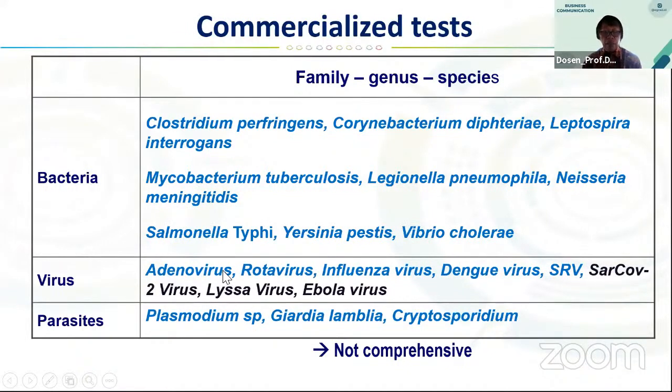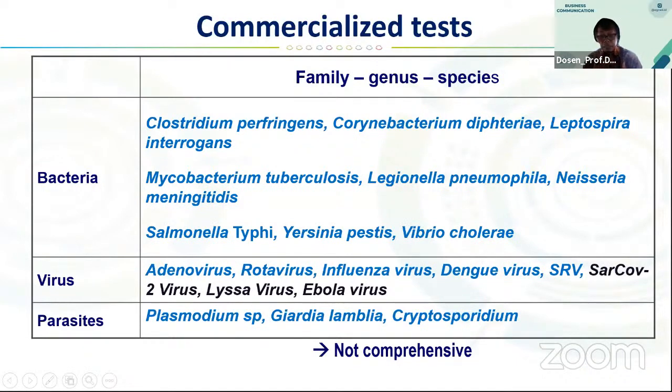For viruses, we now have a lot of RDTs for adenovirus, rotavirus, influenza virus, dengue virus, SARS-CoV-2 virus, Lassa virus, and Ebola virus. And for parasites, many are already easy to detect using rapid diagnostic tests, like Plasmodium, Giardia, and Cryptosporidium.